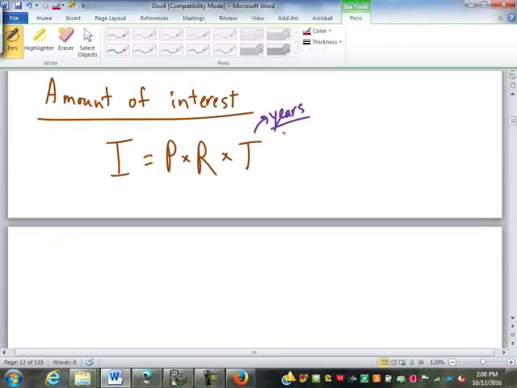So if I have an investment, let's say that you're going to invest $3,000 at 8% for 3 years.